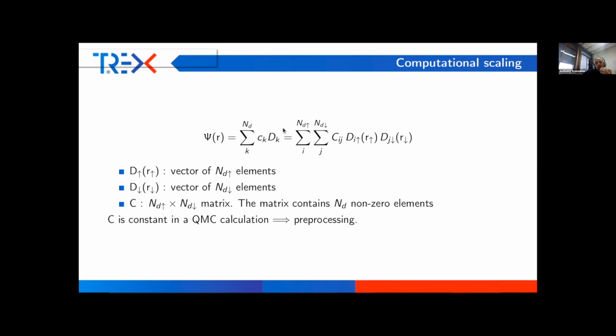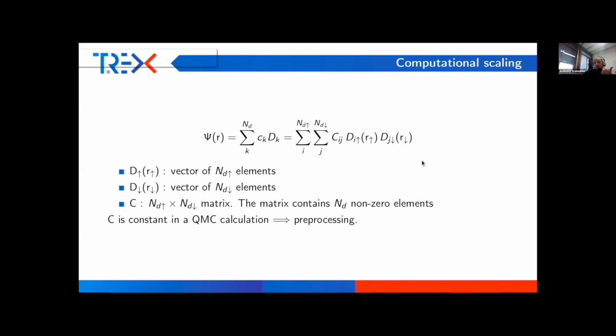So this expression can be rewritten like this, where you express each Slater determinant with a product of an upspin determinant and a downspin determinant. And between two different Slater determinants, you could have the same alpha part or the same beta part.